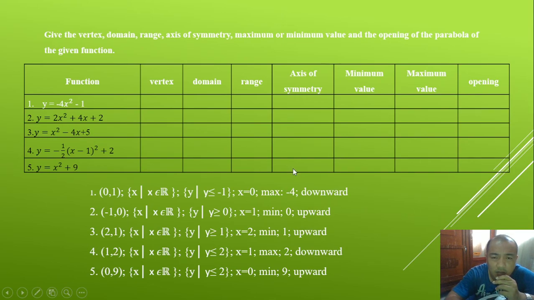Why is this? Minimum 9. Wait. Axis of symmetry is x equals 0.